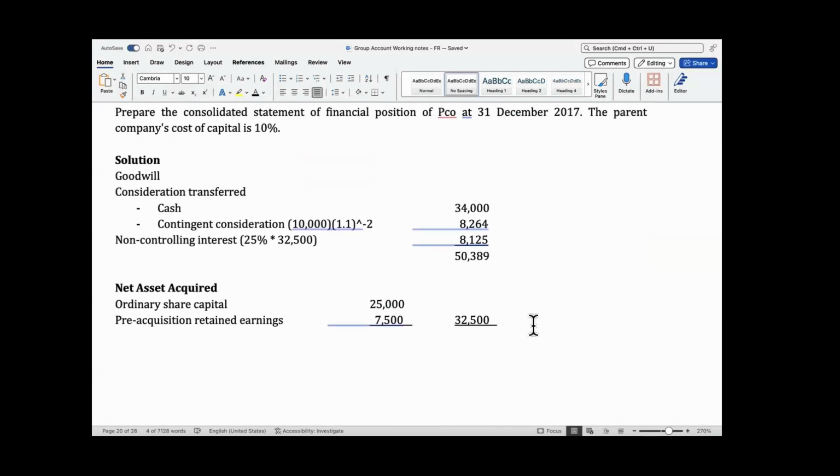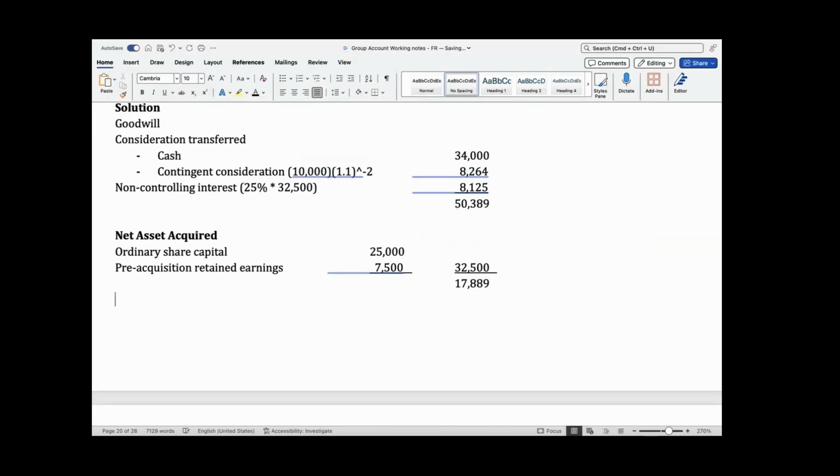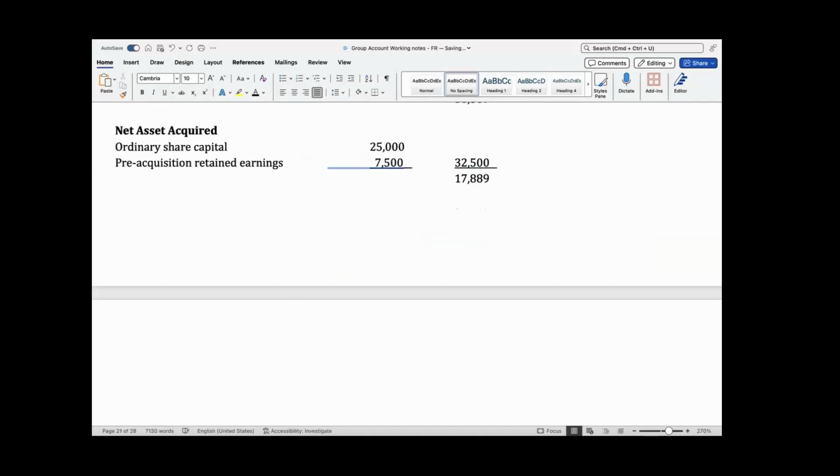So what's our goodwill? 17,889. Okay, so having determined that as our workings one, then we can determine our workings two.